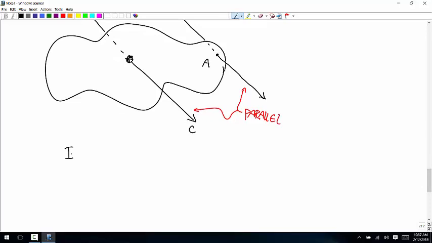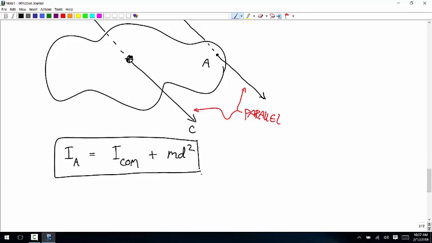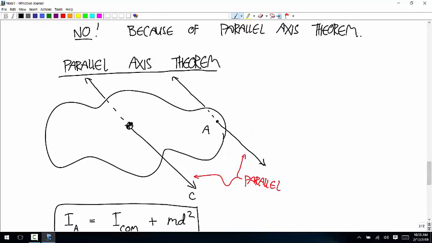Then the mass moment of inertia about A is equal to the mass moment of inertia about the center of mass plus md squared, where d is this distance.